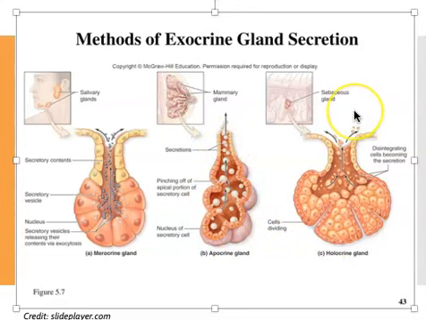Now, on the left-hand side, we're reminded that sebaceous glands are of the holocrine type. Sebaceous glands are the type of glands that are found in your skin and other places that secrete an oily substance. In a holocrine gland, the cells that make the secretion down in the acinus are going to build up and build up and build up that secretion to a point when the cell itself will then just disintegrate so that the secretion gets released.